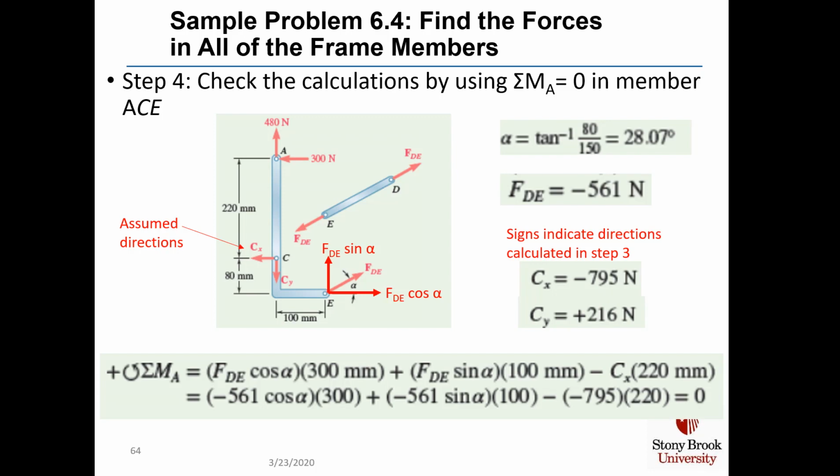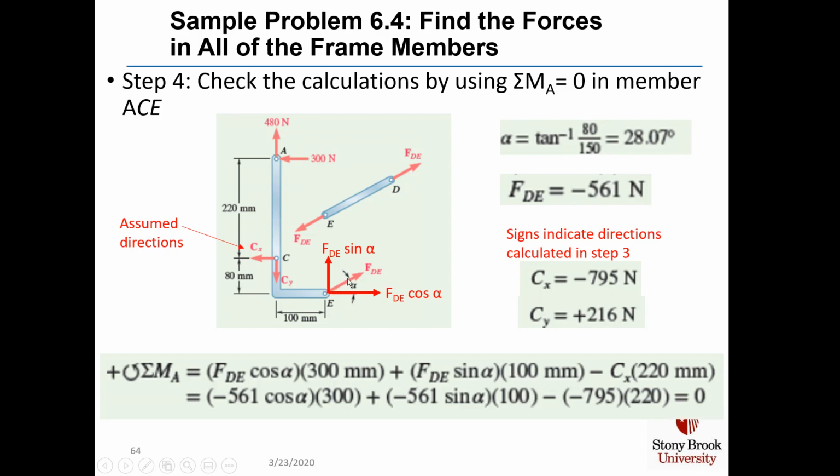And we keep those signs from the prior step 3 because we're reversing the direction of C sub x and C sub y in this picture anyway, so you don't want to do a reversal of direction twice by changing the signs for C sub x and for C sub y. So when we sum the moments around point A, we get F sub DE times cosine alpha.